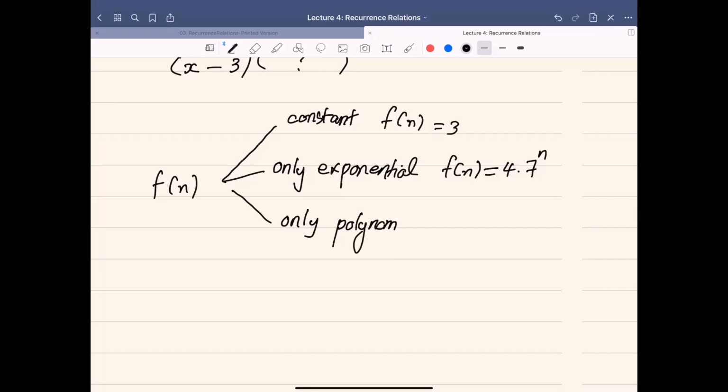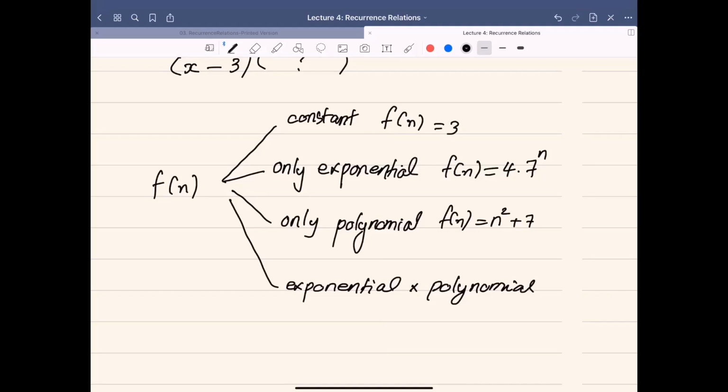And this polynomial could consist of one term or more than one term. So it could be n squared, which is one term, or plus 7, which is two terms, and so on. And the last one is exponential multiplied by polynomial.